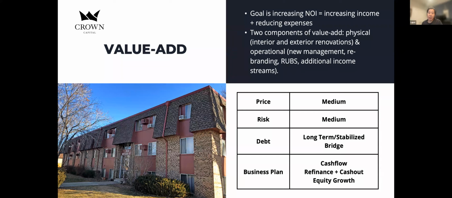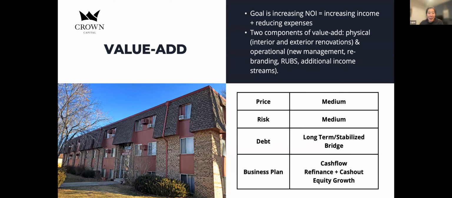So basically there are three classes, right? A, B, C, and D. Anything below that is called the war zone. So basically it goes from A being the best, and then B and C, based on those economic factors.